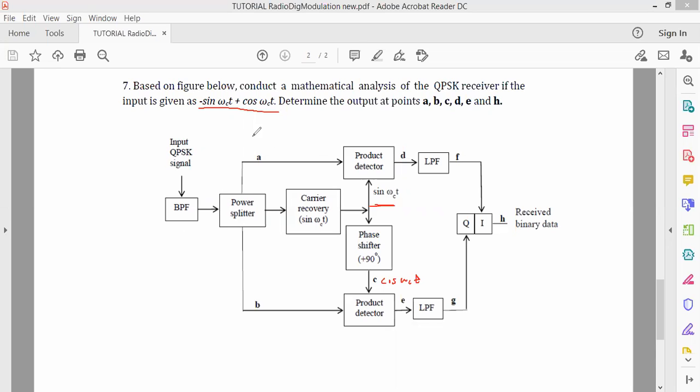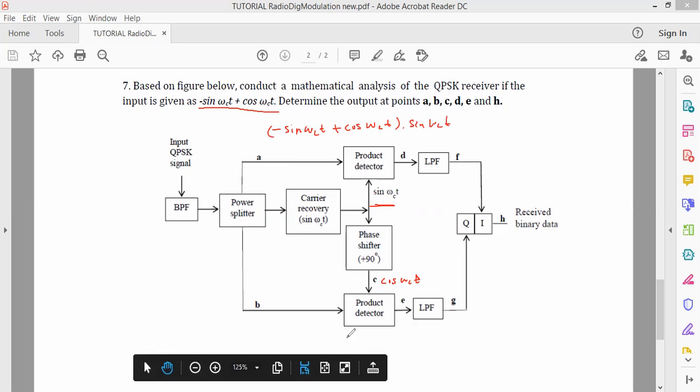You'll multiply the first part with minus sine omega ct plus this one cos omega ct. Okay, multiplied with sine omega ct, and the same thing minus sine omega ct below also multiplied with cos omega ct. Okay, the same steps, exactly the same steps.